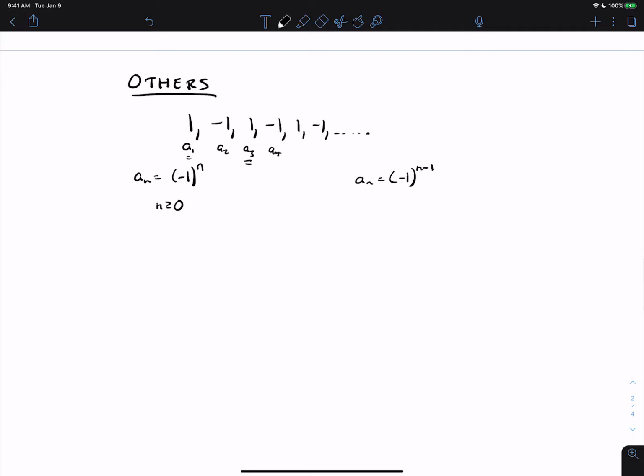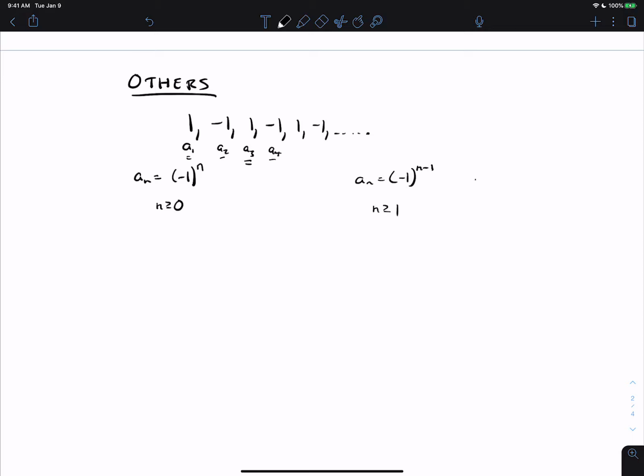Negative 1 to the 3 minus 1 is negative 1 squared, which is 1, and so on. If I put 2 in, negative 1 to the 2 minus 1 is negative 1 to the first, which is negative 1. Negative 1 to the 4 minus 1 is negative 1 to the third, which is negative 1, and so on. So this would be for n greater than or equal to 1.